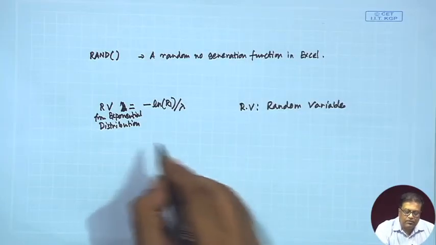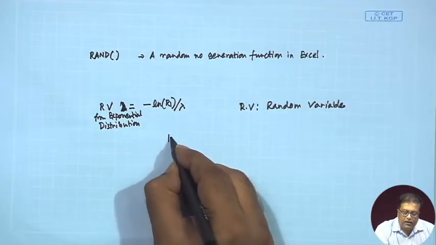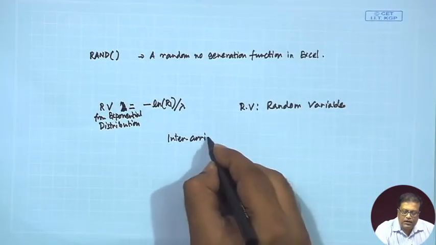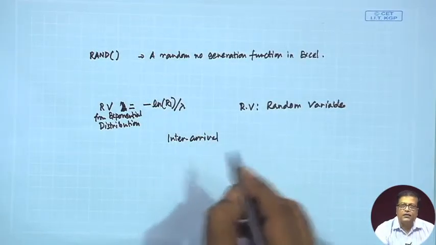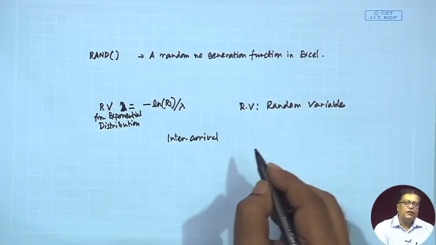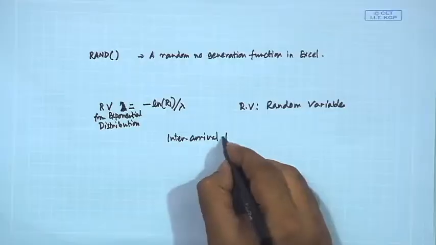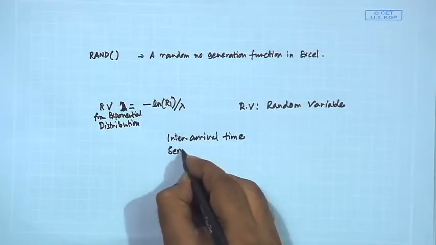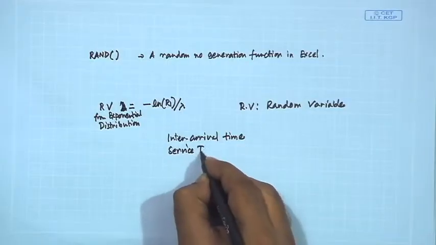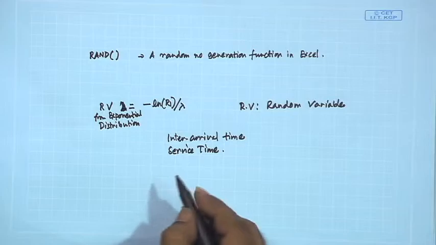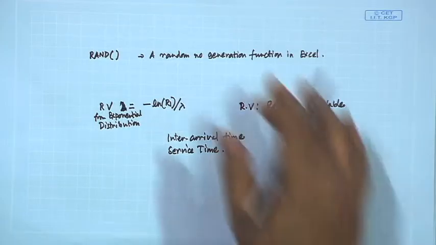And what are exponentially distributed? Inter-arrival time. You know that if the number of arrivals in a given time is Poisson distributed, then the inter-arrival time is exponentially distributed, and also service time is exponentially distributed. So here there are two things.